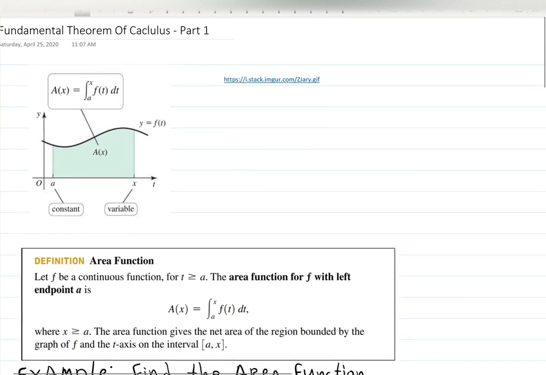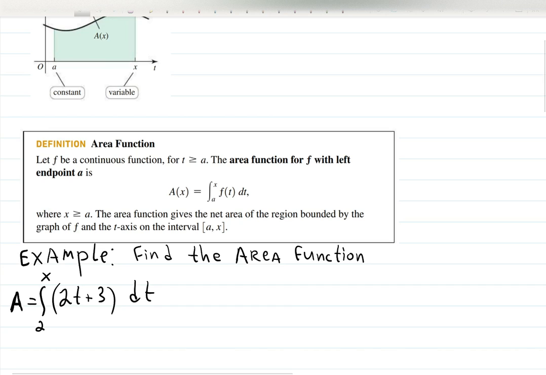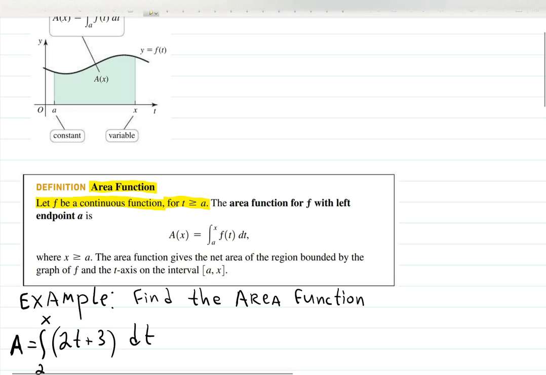The area function, I'll put it here. The area function happens when we're working with a continuous function for t greater than a. So as you can see, I'm fixing the left endpoint, but whatever happens after this is just on the right from a.